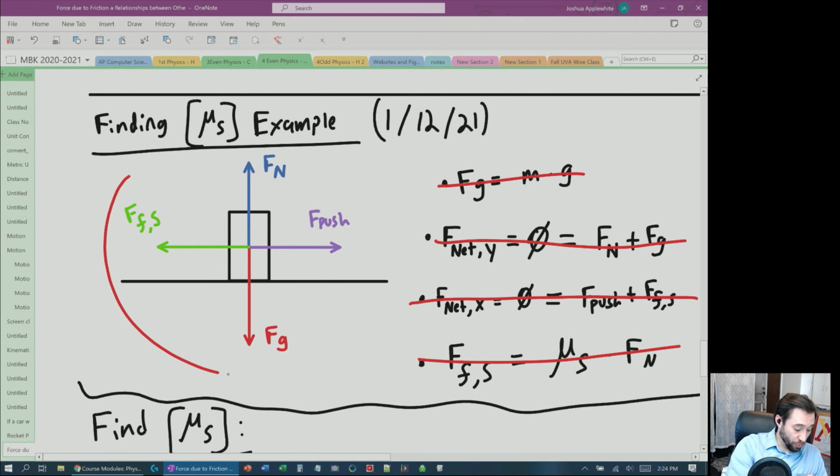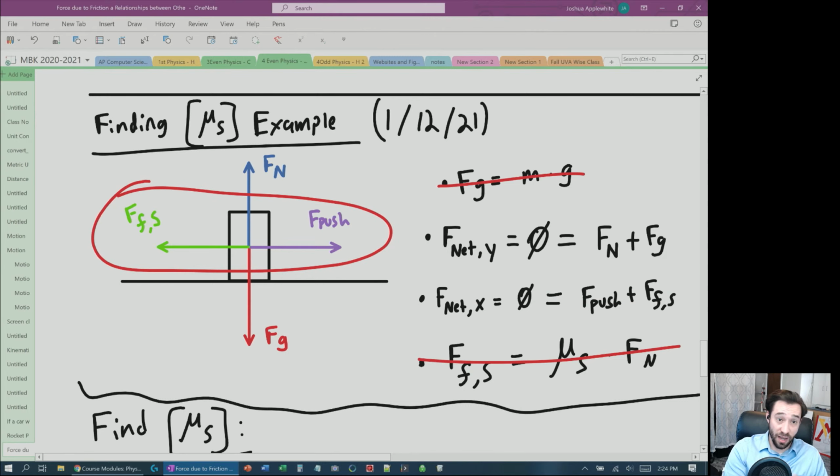We drew out the diagram representing all the forces that are acting on it. We recognized that the sum of the forces, the net force in the X axis, was 0. So when they added up, the sum was 0. That's how we got that.